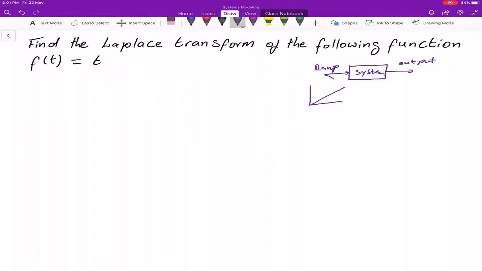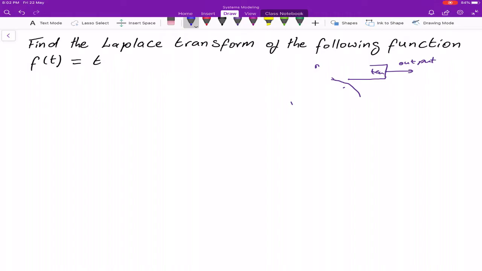And this input here, this is your ramp, and we are going to find the Laplace transform of the unit ramp input. So what we are going to do is we are going to write down our Laplace equation.